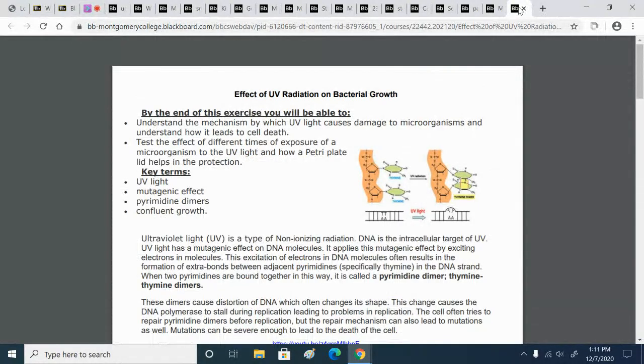So after the midterm lab exam, we did an experiment on the effect of UV radiation on bacterial growth. Of course you remember that UV causes damage to the DNA because two adjacent thymines are excited by the UV radiation to cross-link, and that creates a thymine dimer.